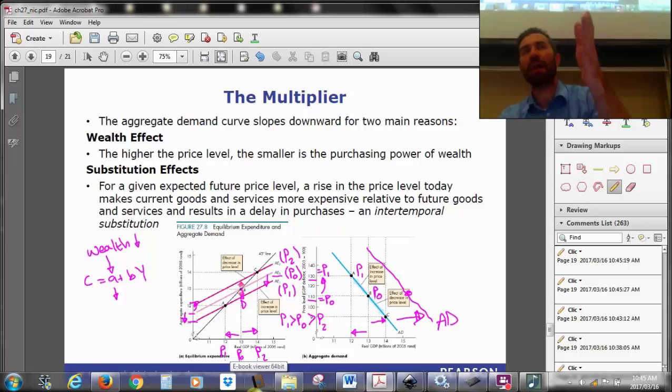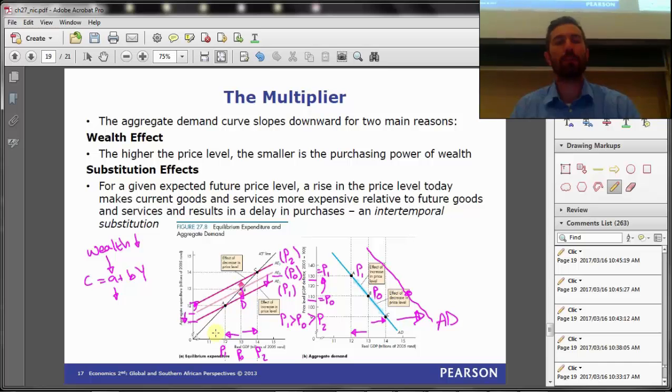If I shift my aggregate expenditure curve for any reason other than a change in price, I shift my aggregate demand curve. If I shift my aggregate expenditure curve because my price level changes, then I'm describing a movement along an aggregate demand curve. You got the difference?